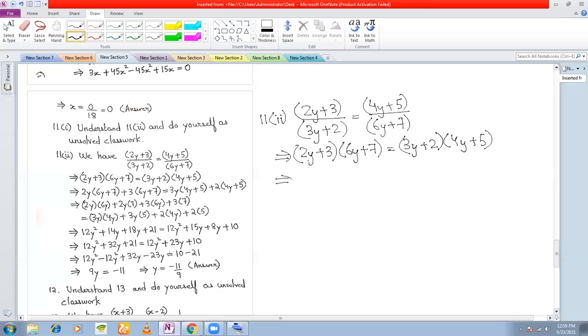Now you multiply everything. First you multiply these two, 2y into 6y, just as you do your multiplication.